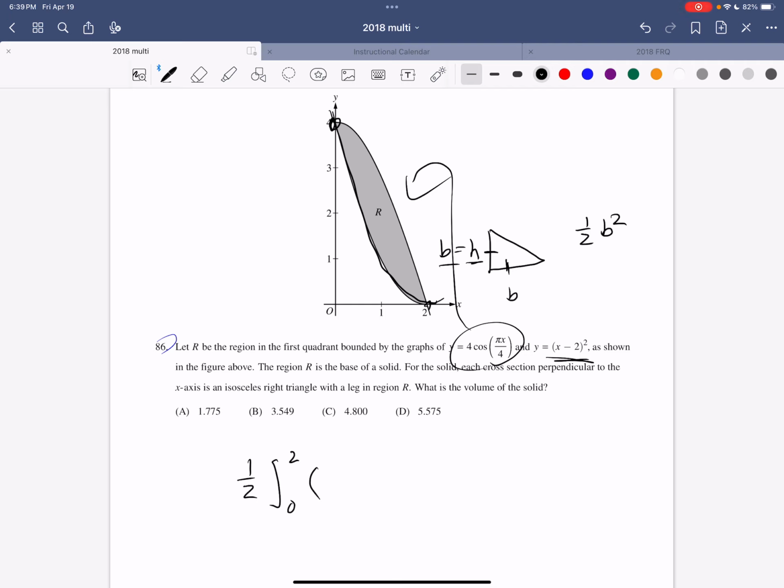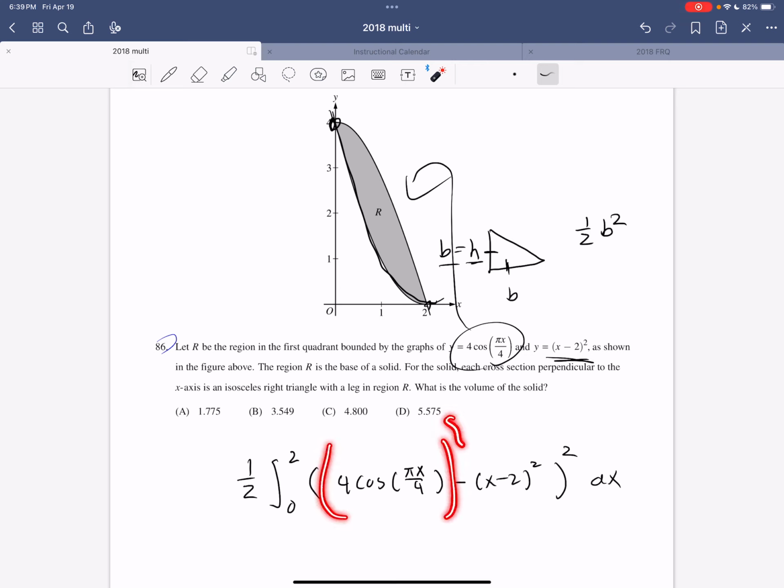So I will probably put 4 cosine, let me go over this, pi x over 4, minus the bottom part, x minus 2 squared dx, something like that, I believe. Wait a second. I think I gotta do this one squared and then this one squared. Yeah, both of them squared.